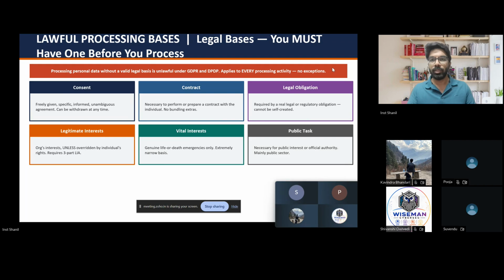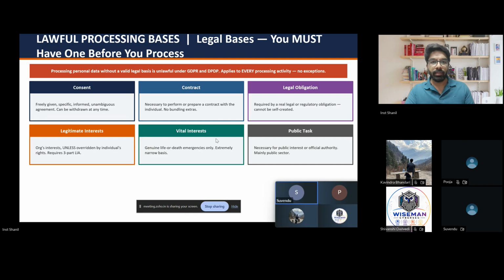Then we have legitimate interest: the organization's interest, unless overridden by individuals' rights. It requires a three-part LIA. If the data sharing is not in the organization's interest, you can always file a complaint to know your access rights.